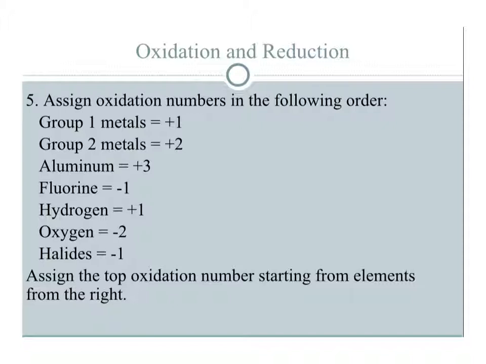And then you've got your group 15s are minus 3. Your oxygen group is minus 2. And your halogens are minus 1. And we always assign the top oxidation number when we're talking about nonmetals, unless it's an exception to the rule or you're told otherwise.